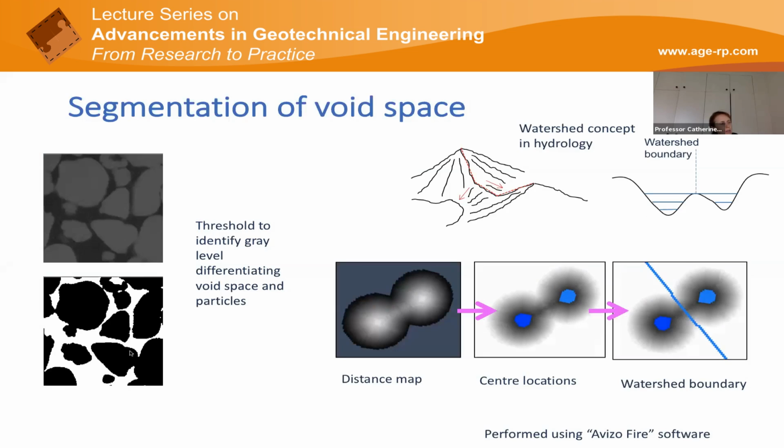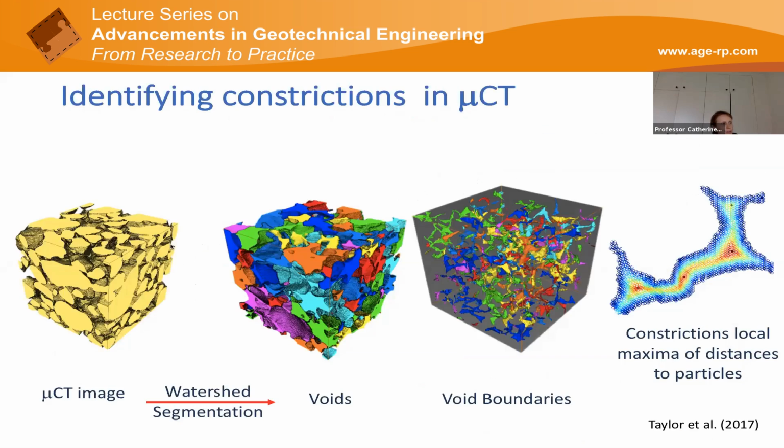We then need to be able to separate the particles that appear to be touching, and the algorithm we've used is based on the watershed concept in hydrology that's used to identify what area of a catchment is associated with a particular river. So taking that algorithm, we can have our microCT image, which has at this stage identified which regions of the 3D image are a particle and which regions are void.